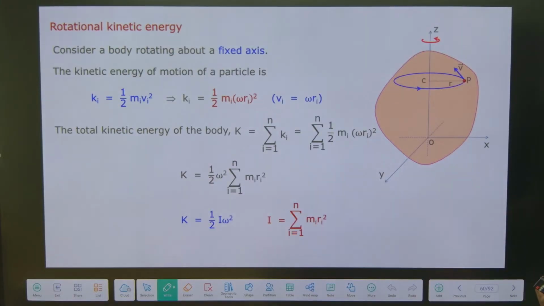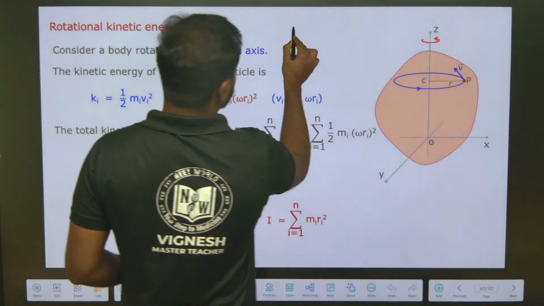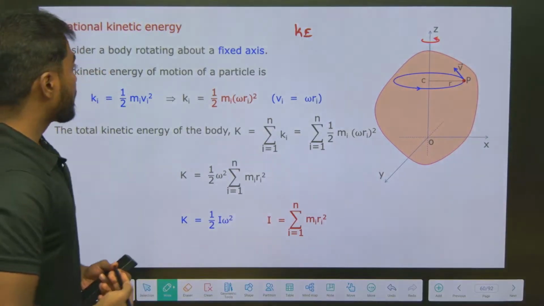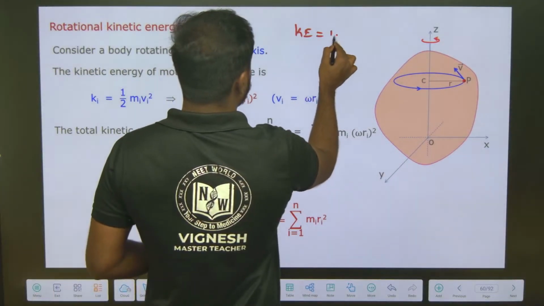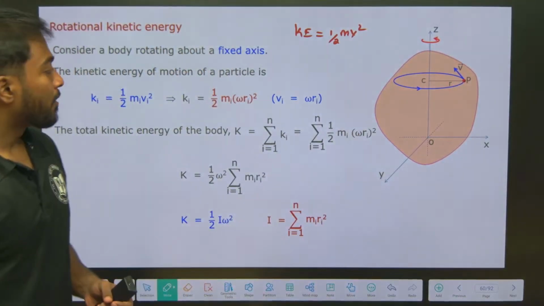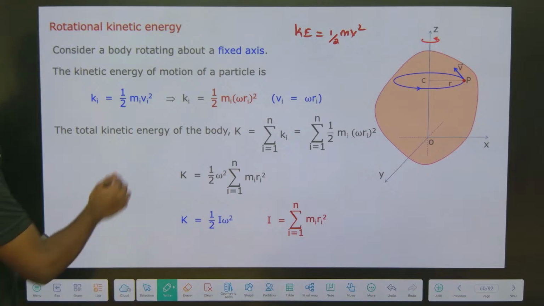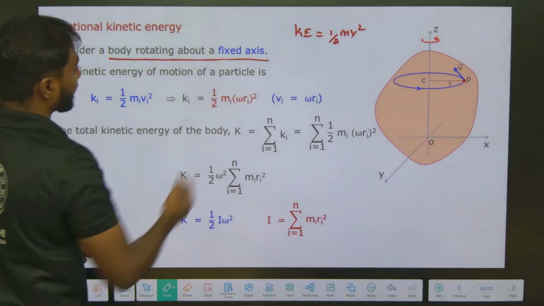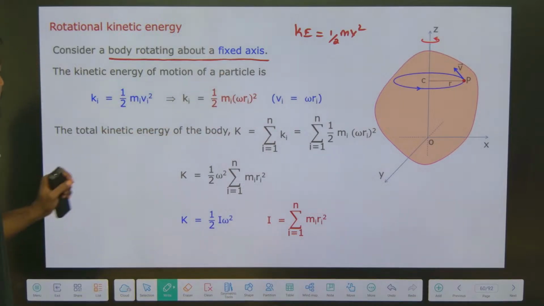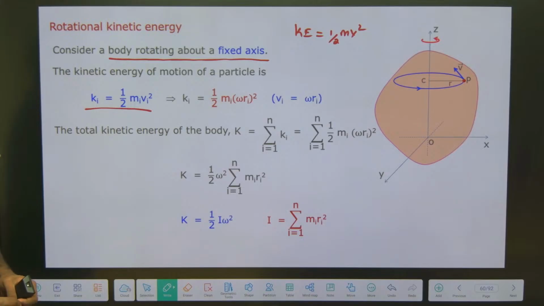Next one, rotational kinetic energy. We know the normal kinetic energy, that is translation, right? It is nothing but half m v square. When we are talking about rotational, consider a body rotating about a fixed axis. So the kinetic energy of the motion of a particle will be, we know, half m v square.